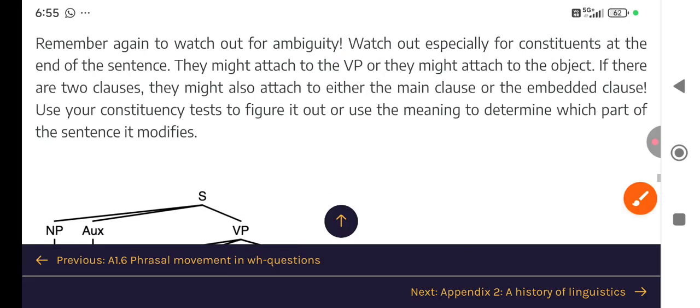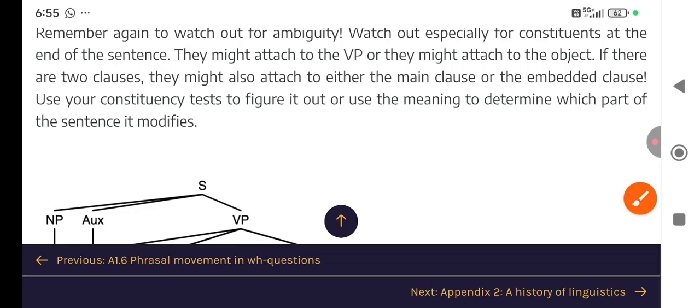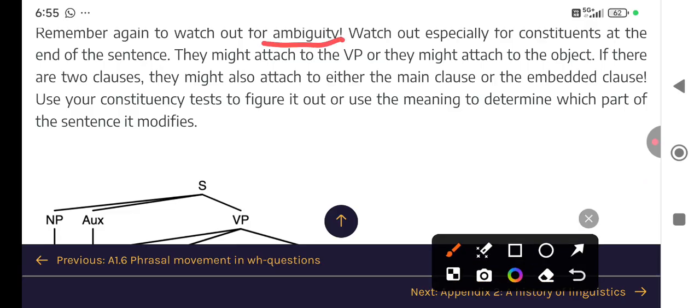They might attach to the VP or they might attach to the object. Ambiguity we have seen with the telescope, right?